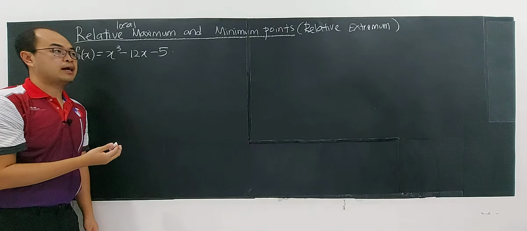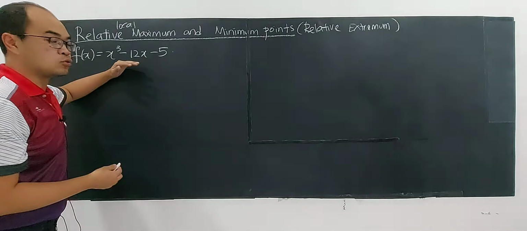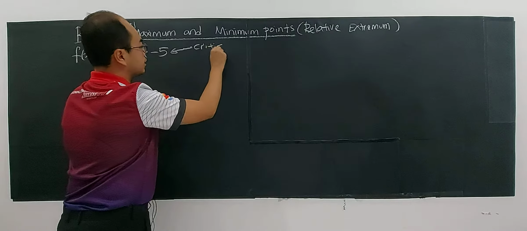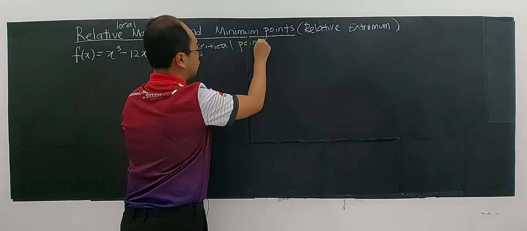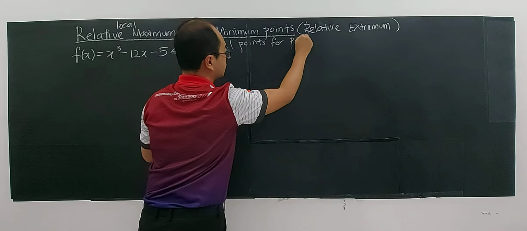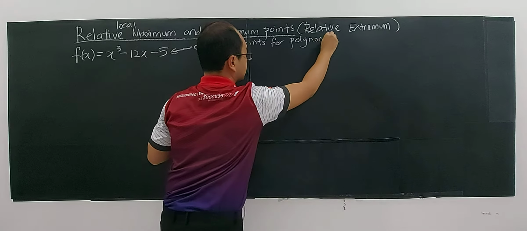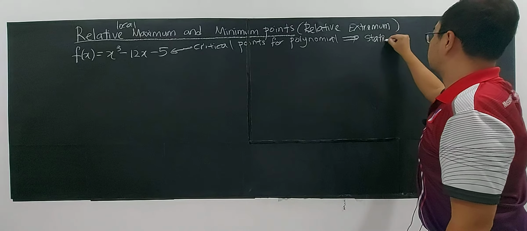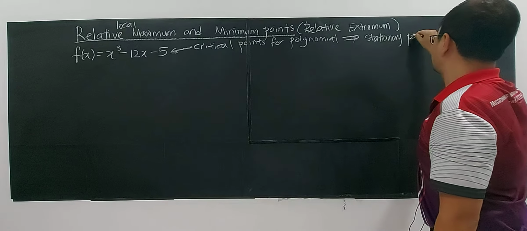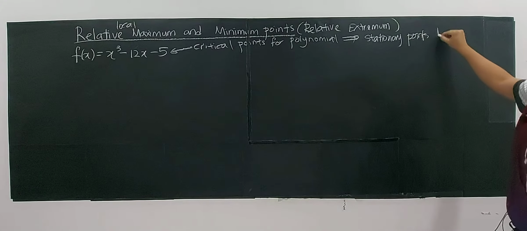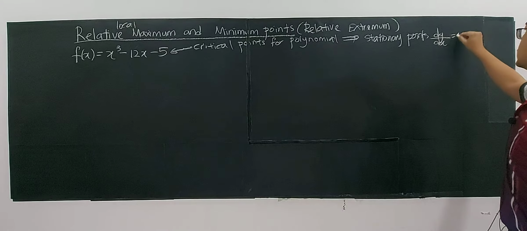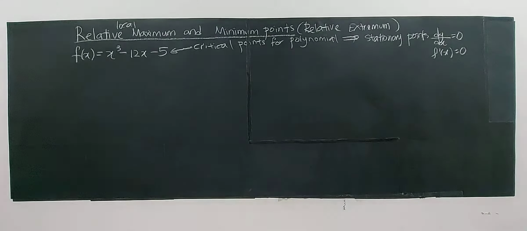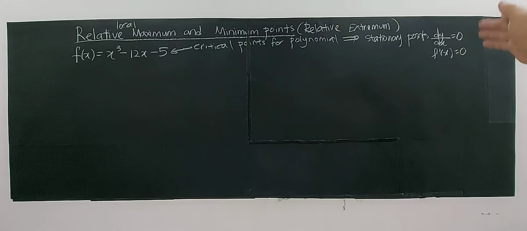So we just need to consider stationary points. The critical points for a polynomial will always give you stationary points, which means you just need to consider dy/dx equals 0, or f'(x) equals 0.